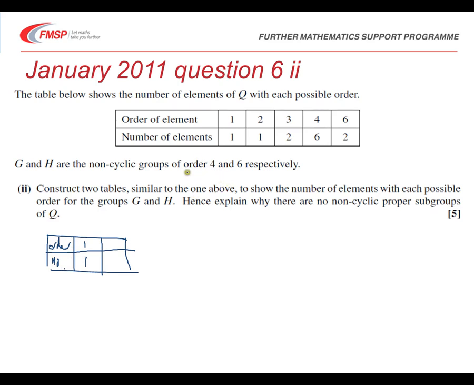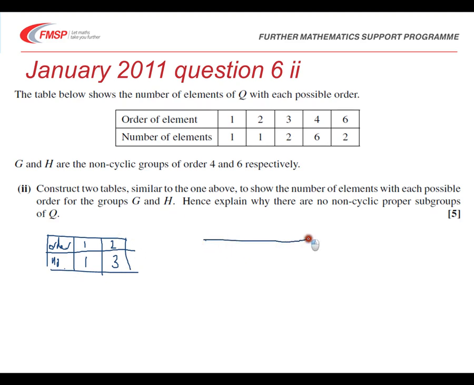If everything else in the group is self-inverse, everything else has got order 2, so there are 3 elements of order 2, and these are your 4 elements in the group. If you're unfamiliar with this, have a look back at your notes or your textbook to find what the non-cyclic group of order 4 looks like and confirm that it would have this table.